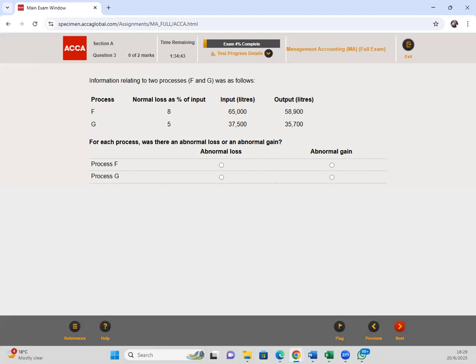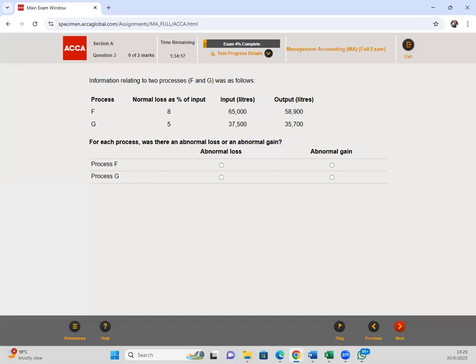Okay, so for the first one, let's look at the loss first. Can you please quickly work this one out? The actual loss: our input was 65,000, but we got 58.9 as our output. What's 65,000 minus 58.9?